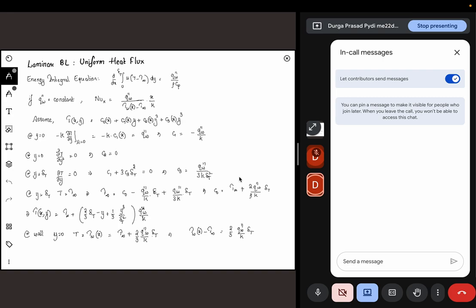So can one of you recollect how the function will look like? We've discussed this even when we were solving the Pohlhausen equation. What should be the functional form of Tw?